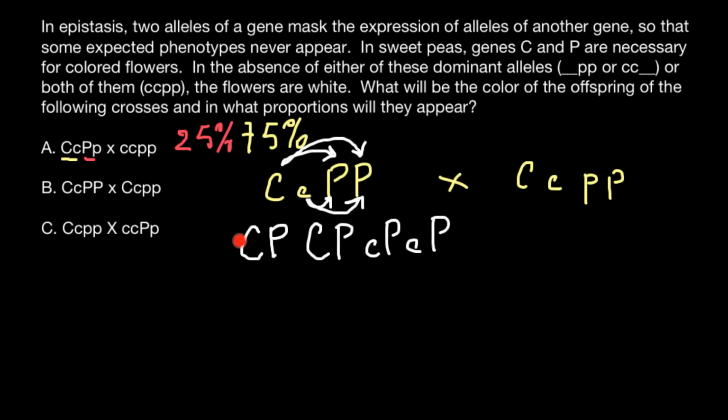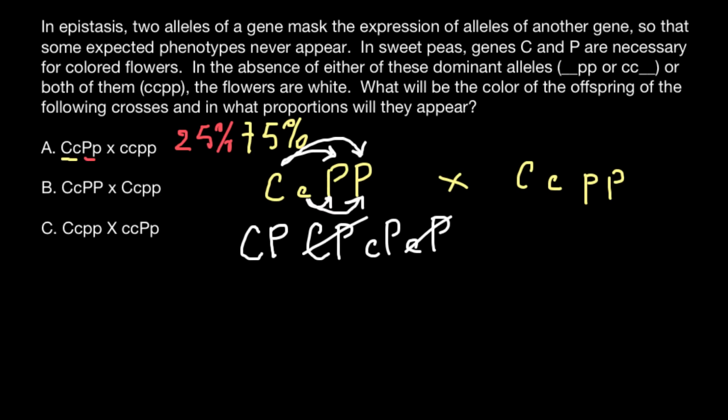So actually this is going to be 1/4 here, 1/4 here, 1/4 here, and 1/4 here. But as you see, these two genotypes are the same, and these two genotypes are also the same. So we can say that we have only two types of genotypes. One half would be this genotype, and one half this genotype. So let's analyze what kind of genotypes the second can produce.